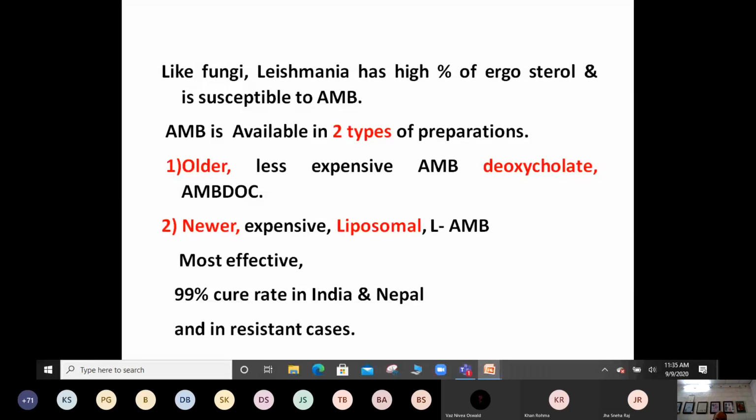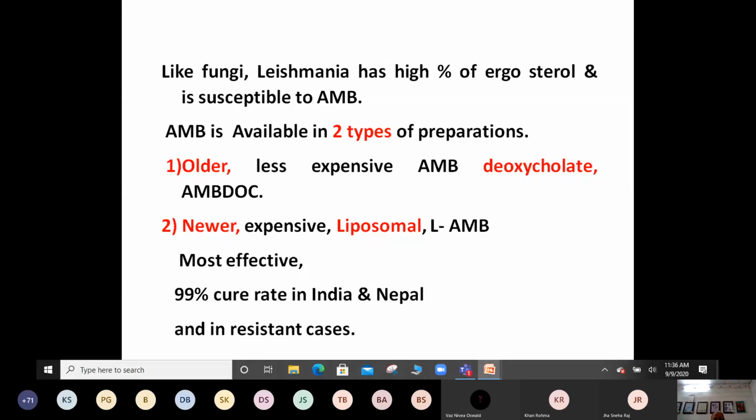First of all, they have to prepare the liposomes outside the body and incorporate this amphotericin B into the liposomes, and then they are injected into the person who is suffering from leishmaniasis. Because of this pharmaceutical procedure, the drug is expensive. It is the newer preparation, liposomal amphotericin B, which is abbreviated as LAMB. Now this amphotericin B is more effective.